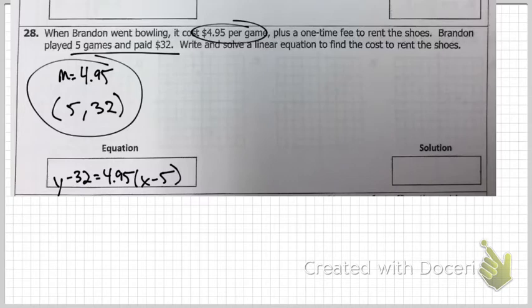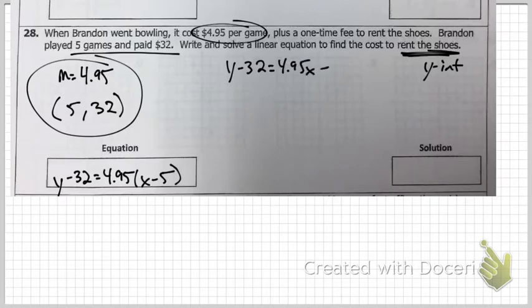Okay? Now, we need to solve it, find the shoe rental. What would the shoe rental be in the context of a line? The y-intercept. The fixed fee that you'd start with, right? So I've got this, I need to get the y-intercept. What form do I want to get this to be then? Slope intercept. So I'm going to distribute my 4.95.